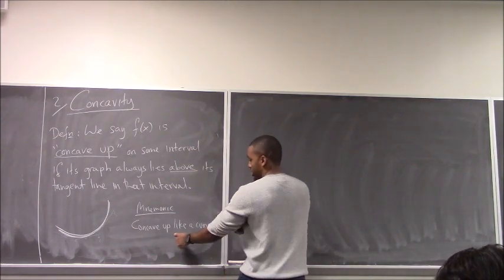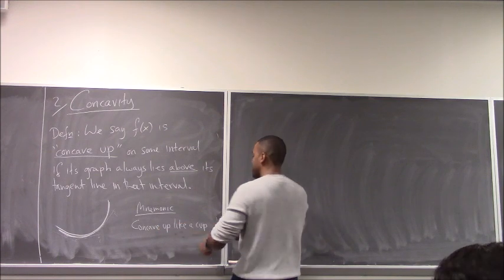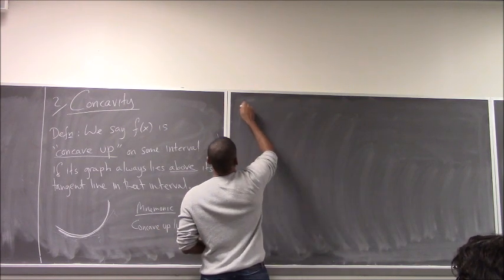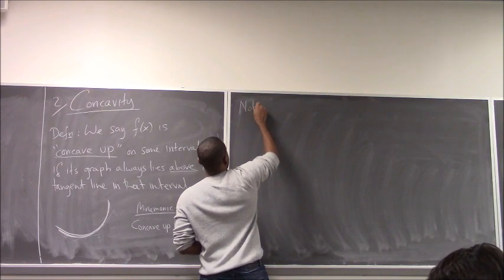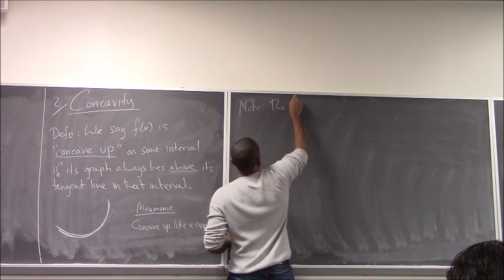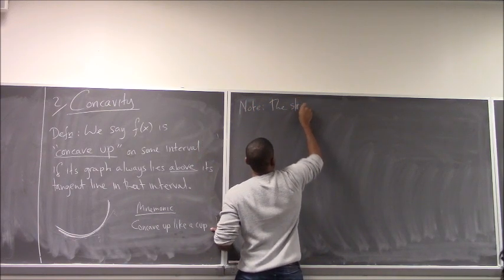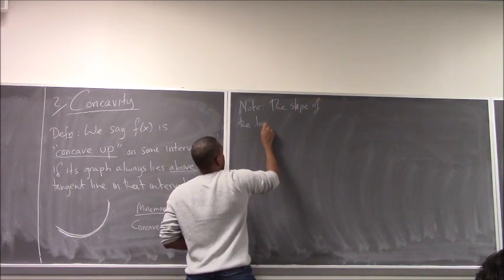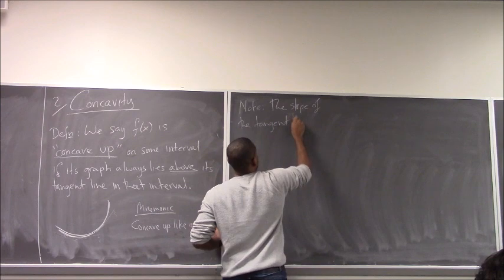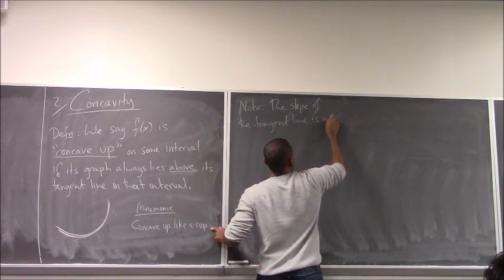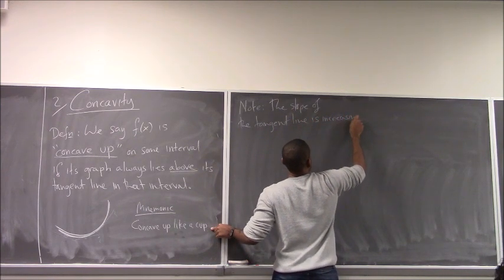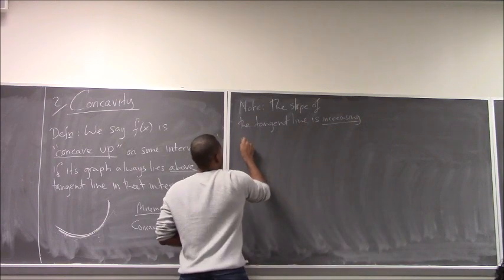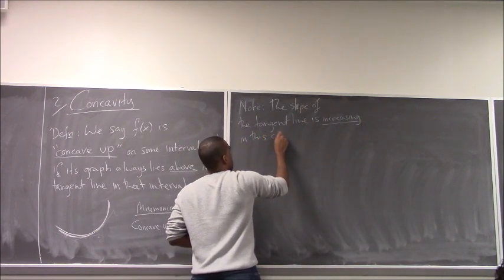So that's going to be very useful. I'm going to be saying that all the time, eventually. So note, the slope of the tangent line is increasing in this case.